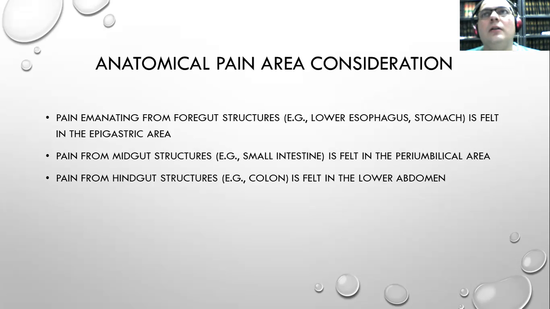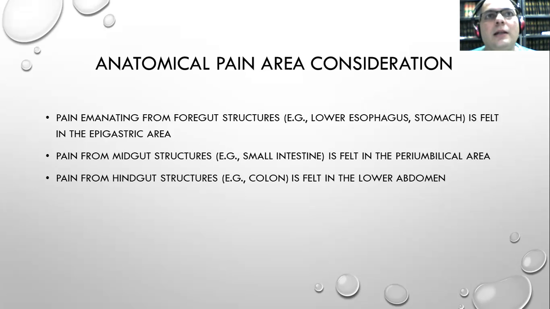Now we have seen that the pain in the abdomen can generally be felt in the epigastrium, in the periumbilical area and in the hypogastrium. We have seen each of these areas has three quadrants. The epigastrium has the right and the left hypochondrium and the epigastrium.